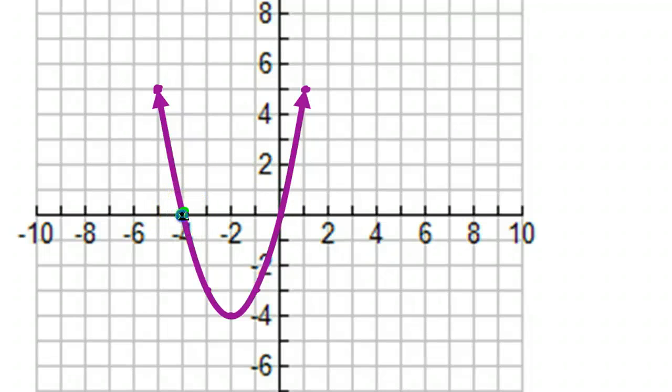So it's equal to 0 right here, on the x-axis. And it's greater than 0 up here, where the parabola is above the x-axis. And there's another piece of it over here, again where it's above the x-axis. Alright, so I have these two branches.